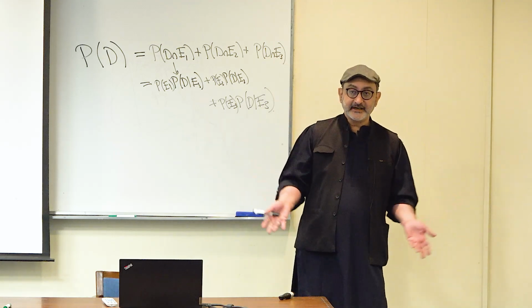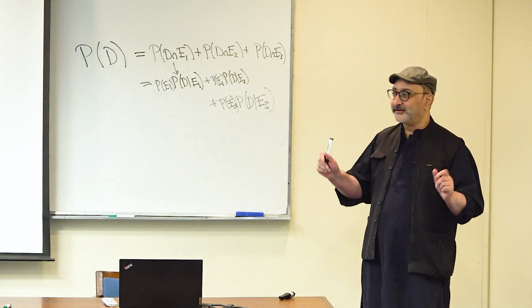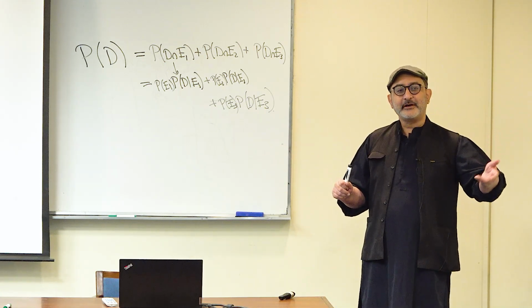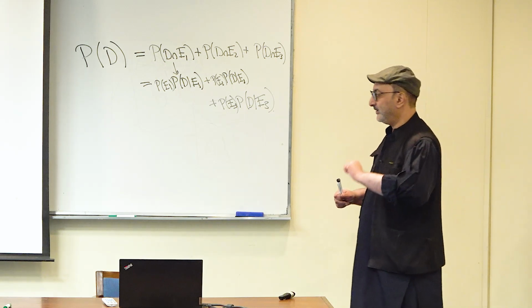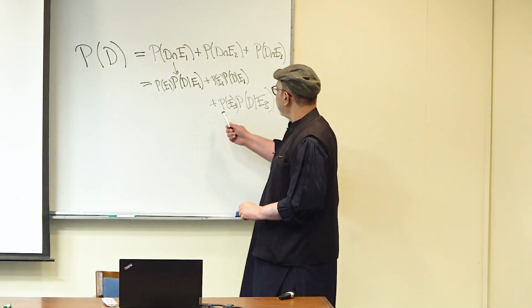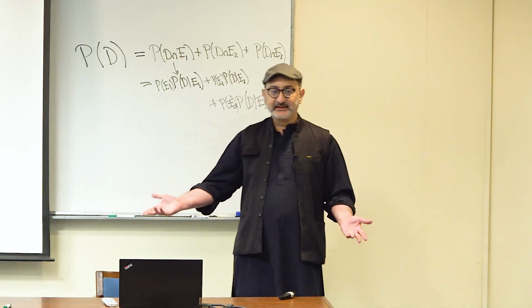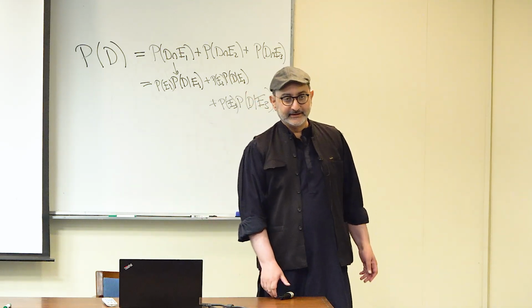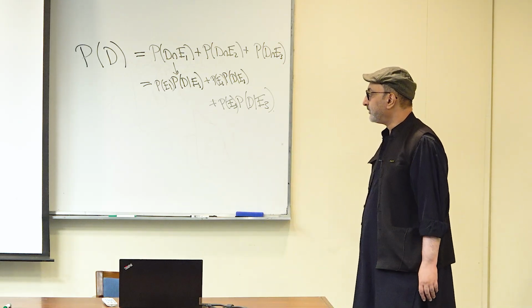So if I take the fractions divided by the total number, that will give me the probability that a particular brain came from E1 or from E2 or E3. Okay, so this is the way to do it. And this is basically what we call total probability. Okay?